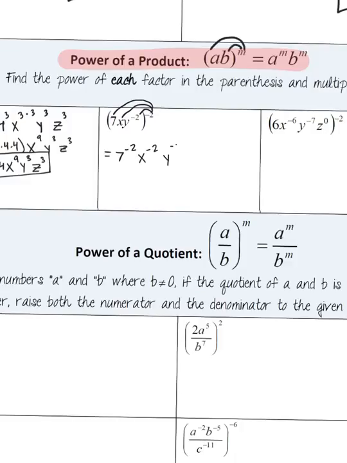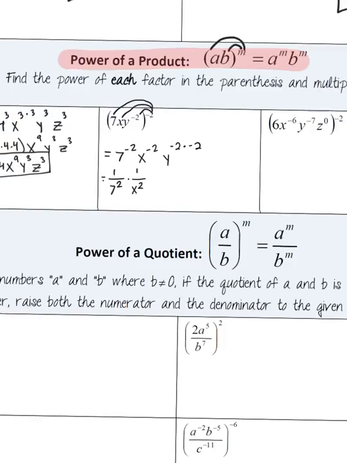You've got a negative 2 already there, and I'm going to multiply in the negative 2 that's on the outside of parentheses. So 7 to the negative 2. Remember, we don't like negative exponents, so I'm going to flip it and make it positive. So this is going to be 1 over 7 squared. I'm going to do the same thing with the x to the negative 2. It's going to be 1 over x squared.